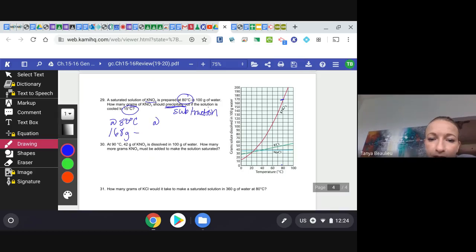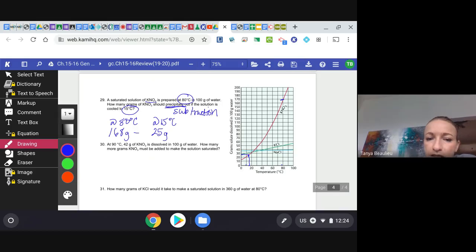At 15 Celsius, KNO3, so here's 10, 15 is halfway. I'm right about here, which I would say, I don't know, 25 grams or so. So about halfway.